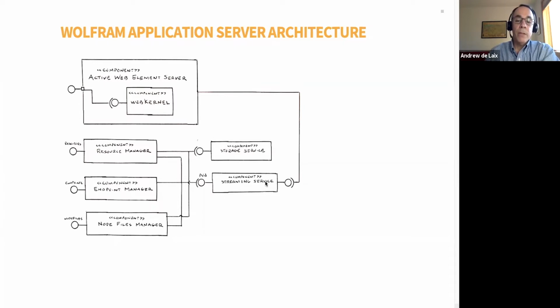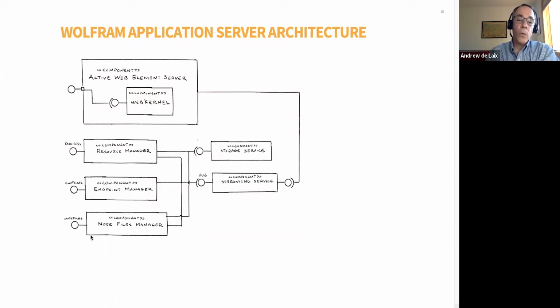We also have what we call the streaming service. Again, this is sort of the communication hub. Basically, this entire application is driven by messages. So as you create resources and create endpoints or node files, you put them in the storage, then you send messages, and then the active web elements server is able to get those messages and know what's available, and be able to know where to find various resources that it needs.